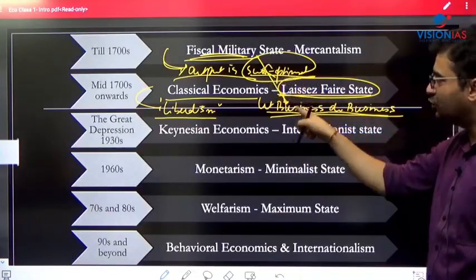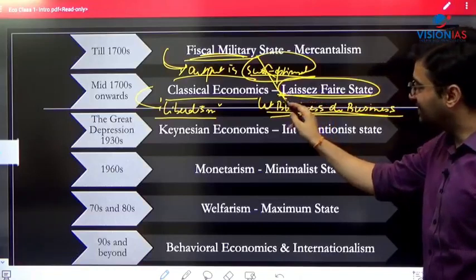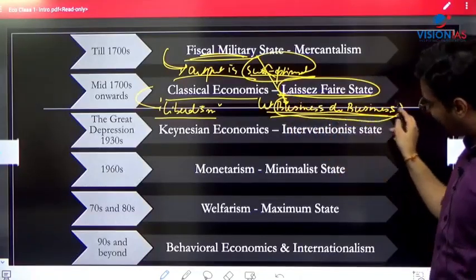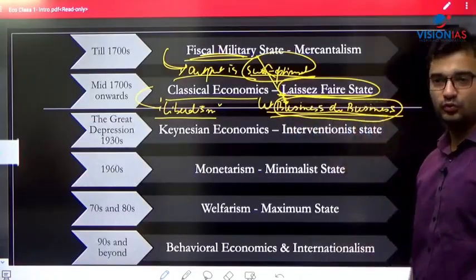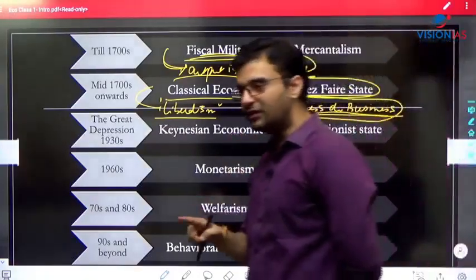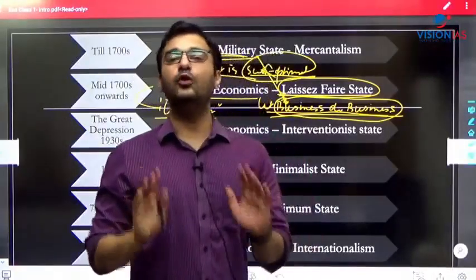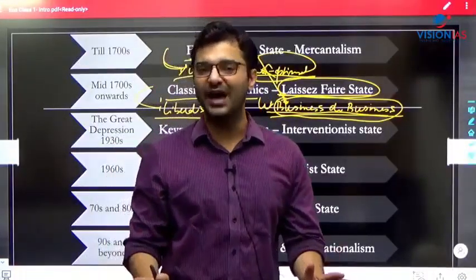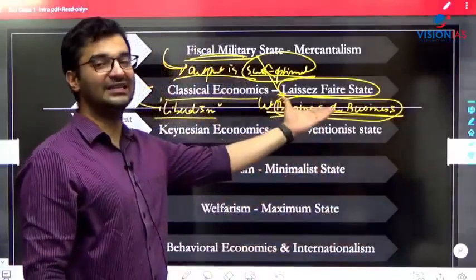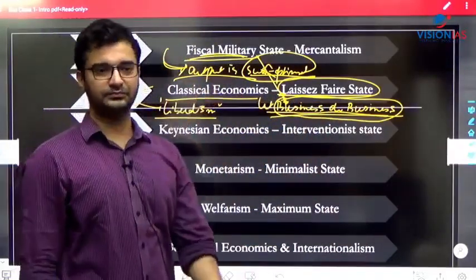The state should not tell the business what to do, what not to do. Business should itself decide what it wants to do. Let business do business. A firm should itself decide, an individual should itself decide how I want to use my resources. This is what this laissez-faire state is, for which classical economics argue.